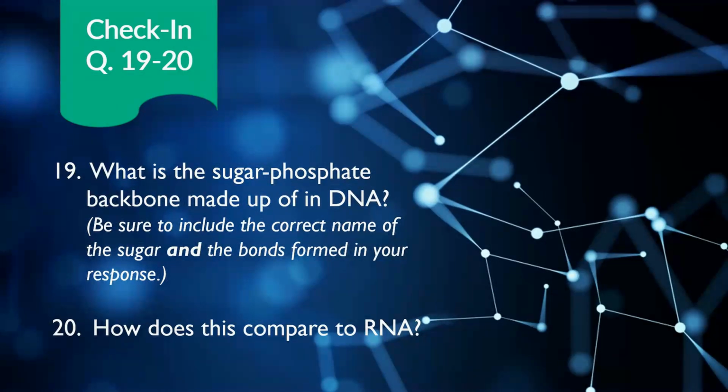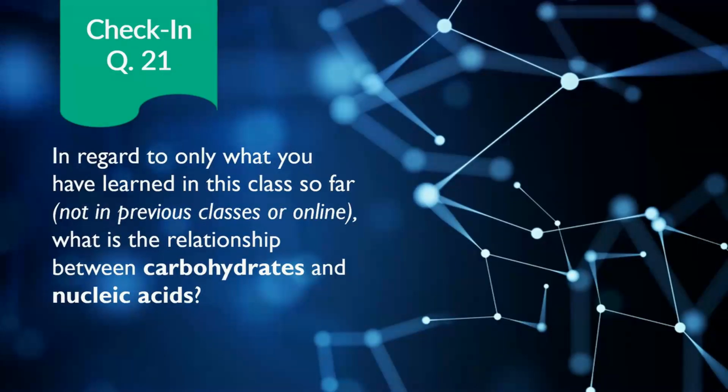This is a two-part question. What is the sugar phosphate backbone made up of in DNA? Be sure to include the correct name of the sugar and the bonds formed in your response. How does this compare to RNA? Check-in number 21.